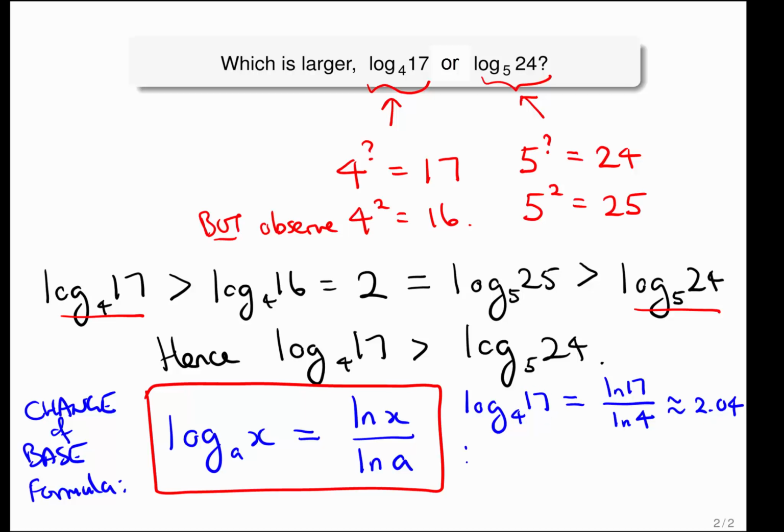And similarly, log of 24 to the base 5 can be converted to ln of 24 divided by ln of 5, which, when using your calculator again, gives roughly 1.97. Therefore, 5 to the power of roughly 1.97 gives you 24.